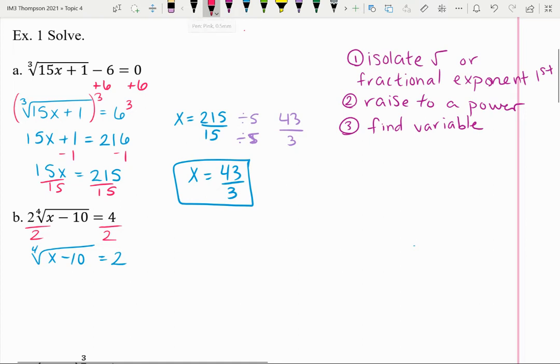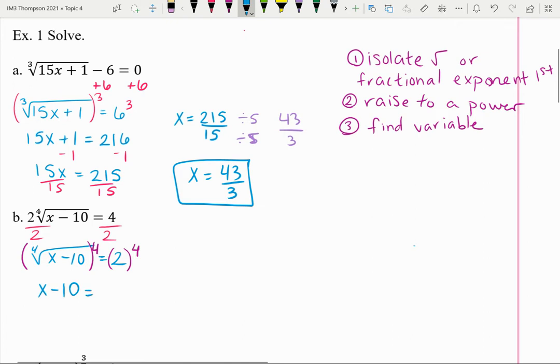So if I'm taking the 4th root, the inverse of that is to raise it to the 4th power. Whatever I do to one side, I have to do to the other to keep my equation equal. The left part is the easy part in this case. So the 4th root of x minus 10 and the power of 4 cancel each other out. Those are inverse operations.